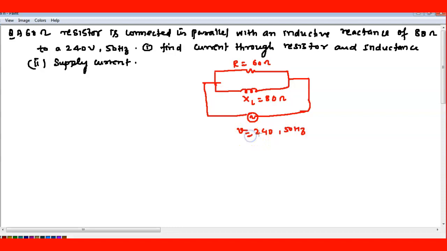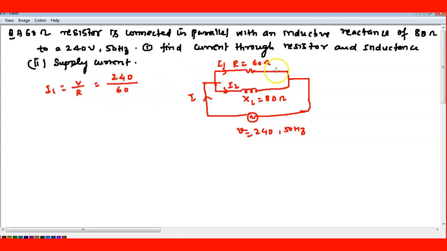Okay, so here we can assume the same as before: this is the current I, dividing here into I1 and I2. If you want to apply the admittance method, you can apply it here, because I1 is equal to V upon R, only one R is there. So V is 240 and R is 60.